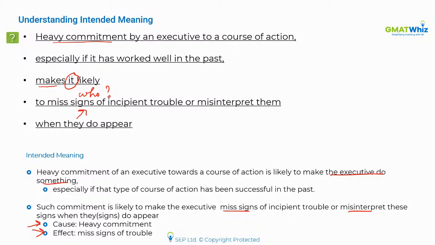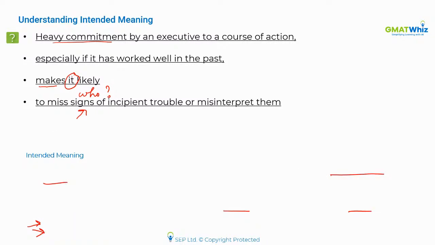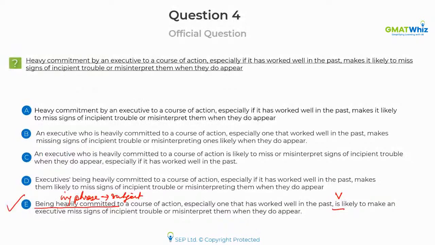And this cause and effect relationship is best brought out in option E. Let's go back to this. Being heavily committed is the subject. It states the cause. "Is likely to make the executive miss signs or misinterpret them" is the effect.